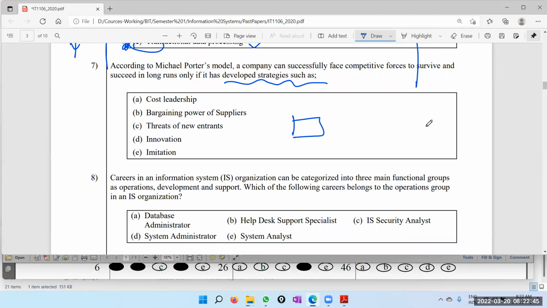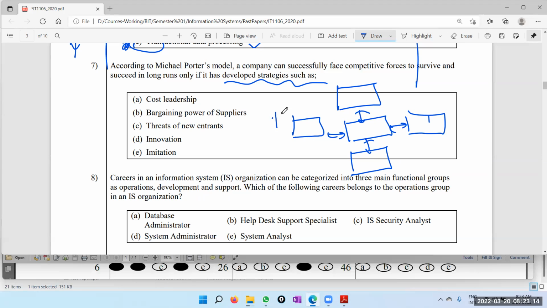Bargaining power of the supplier, bargaining power of the customer, then the threat of new entrants, threat of substitute products, and the rivalry among competitors. We call them the 5 market forces.